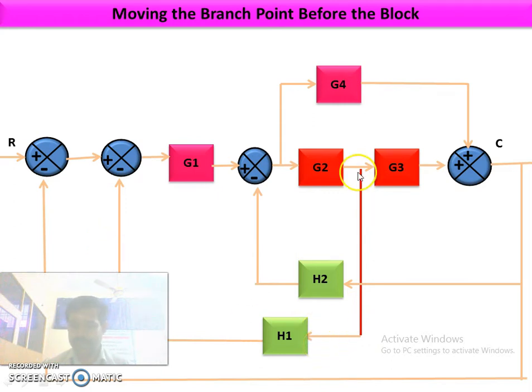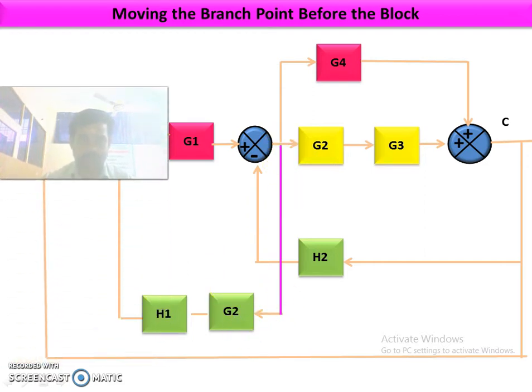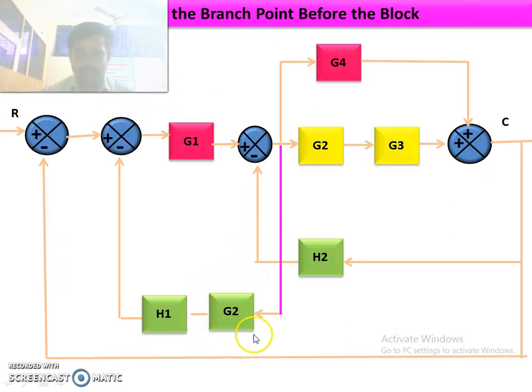Then only the thing you are getting before moving the point and after moving the branch point will be the same. So we have moved this branch point before this block and we have multiplied G2 with this feedback loop.